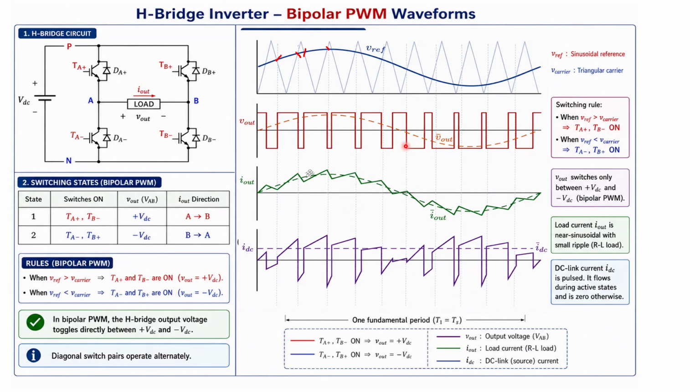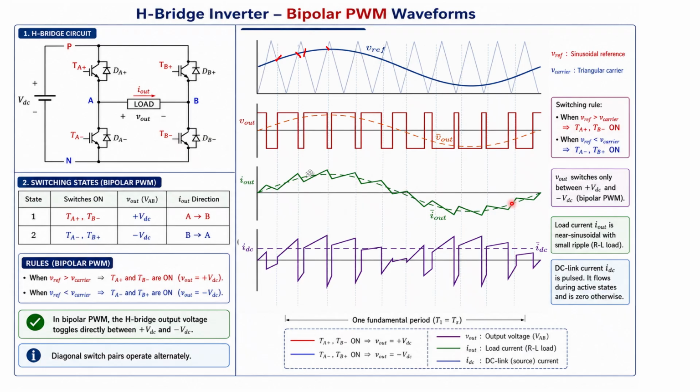When the load is resistive inductive, the load inductance opposes the sudden change in current. As a result, the load current waveform is much smoother and approximately sinusoidal, although a small high frequency ripple is present.